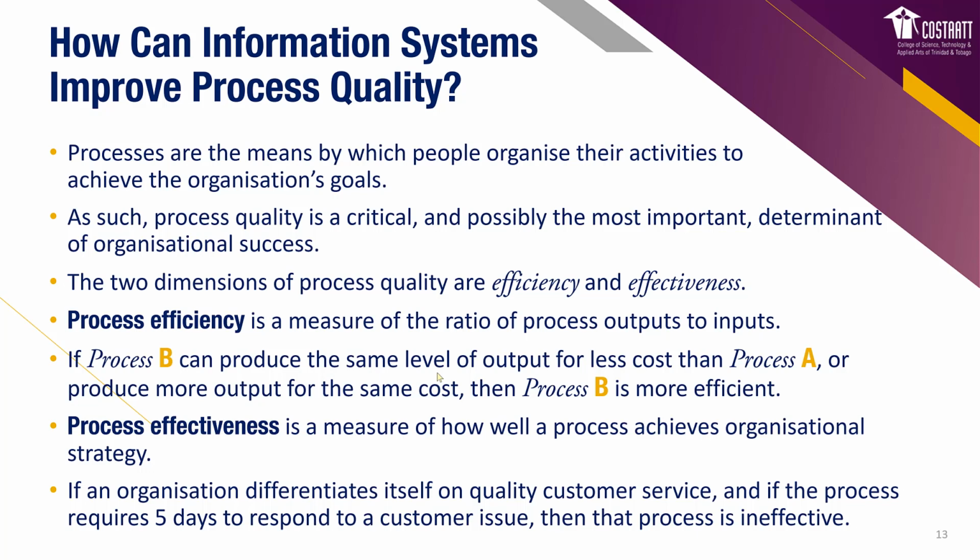When you throw that dart, if you hit the bullseye, you are being extremely effective. If you miss the bullseye, you are somewhat effective, but you're not quite there. If you miss the bullseye altogether and your dart lands on the wall or lands on the floor, then you are not being effective at all by any measure. And that's what we mean by effectiveness. How on target are your processes when it comes to achieving organizational strategy?